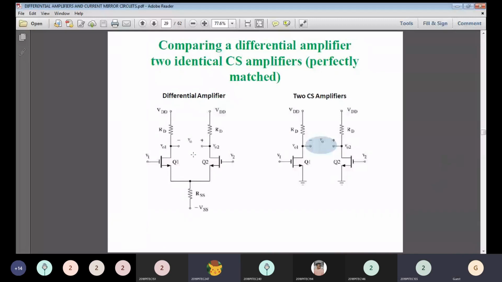This is the comparison of a differential amplifier with two identical common source amplifiers, in a perfectly matched circuit.